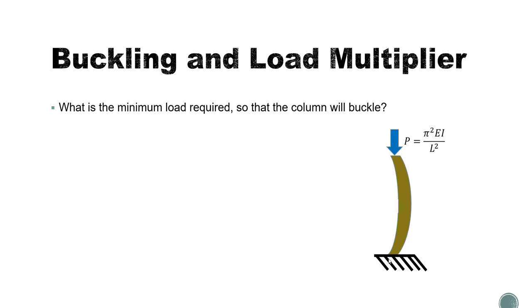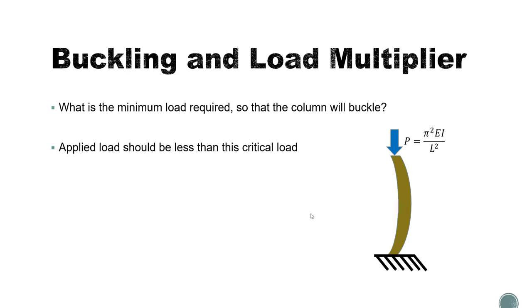Here we have a simple column, and you can see there is this force P, which is pi squared EI by L squared, and it tells us that if the column is fixed on one side, this is the minimum force that will be required so that this column will be unstable and the structure will fail under the buckling load.